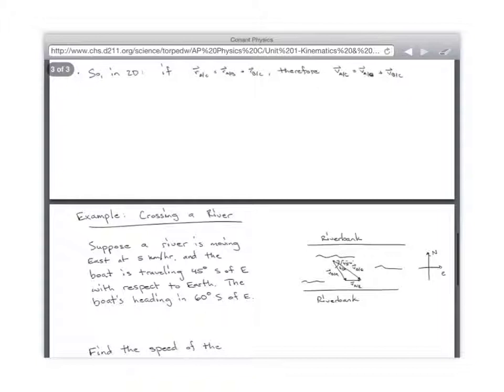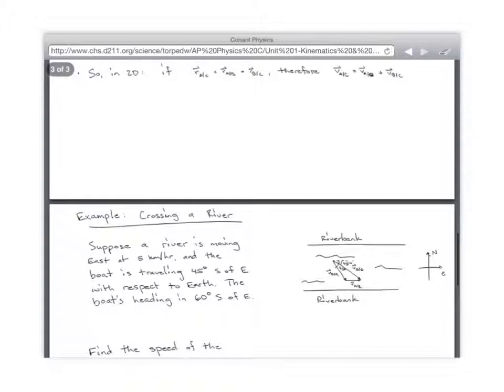Does that make sense? So the heading is boat with respect to river, actually. The heading is the direction of the boat with respect to the river. It's one of the vectors that you're adding up.